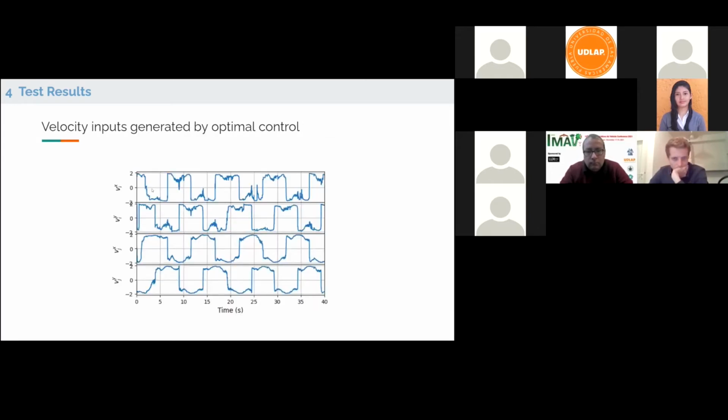So another interesting point we found is that this optimal controller actually gave the velocity inputs for both drones with equal phase, with as maximum velocity as possible. For example, here we set the maximum velocity as 2 meters per second.